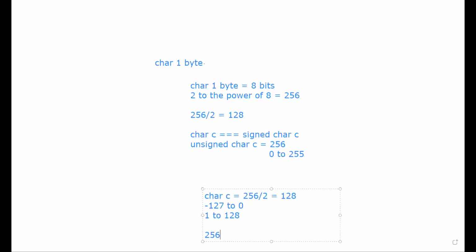The only thing is, signed character also will have 256 range, but it will vary from minus 127, okay, it's not visible here, I'll write it here, minus 127 to plus 128.